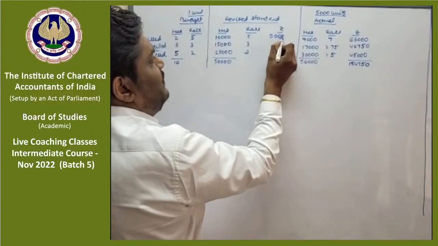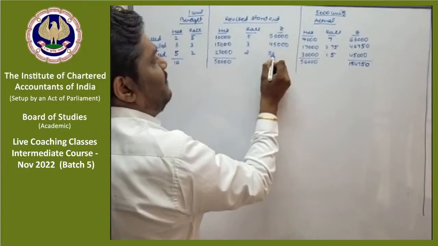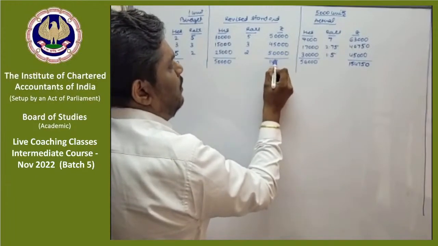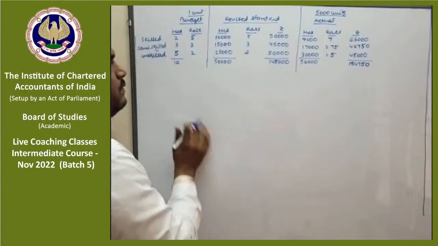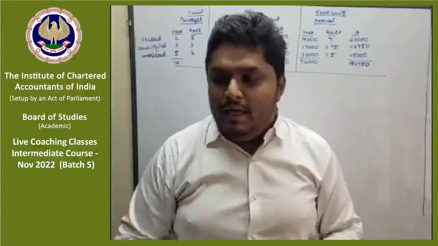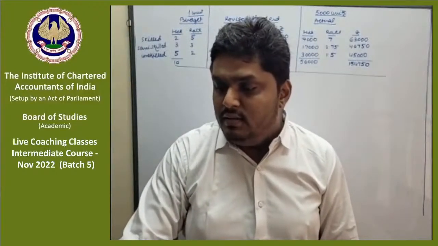So this will be 50,000, this will be 45,000 and this will be 50,000. I hope this part is clear to all. Most of you were able to answer. Very good, guys.